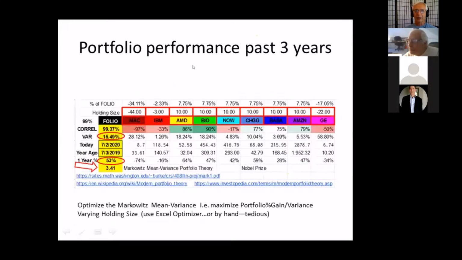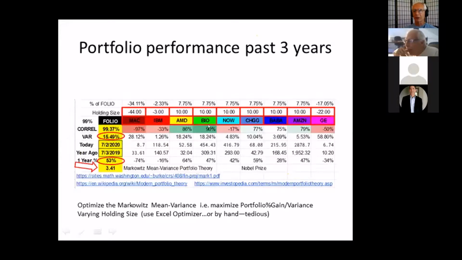And so here is portfolio performance. All of those percentages are way down below on the spreadsheet. And you end up with a portfolio, and this is your holding size. The holding size is 10 shares of it, 10 shares of that. It's relative to 100, I think it is.